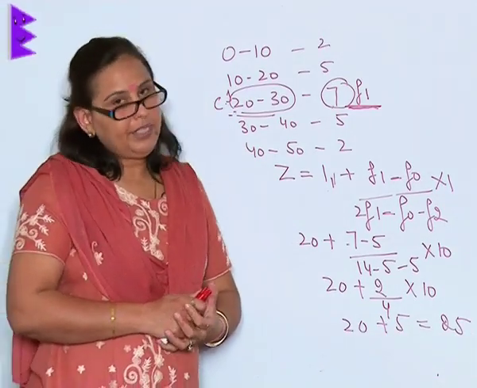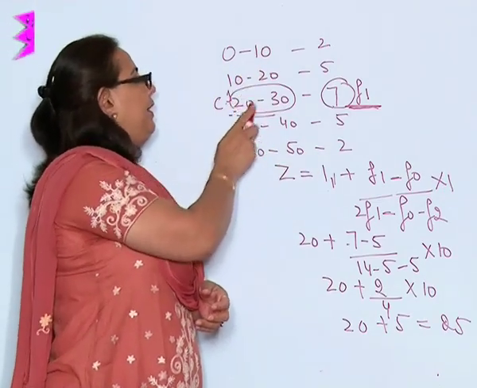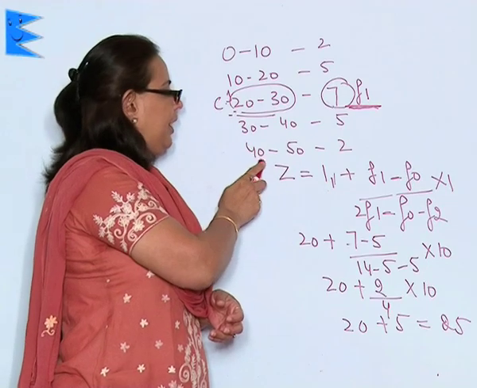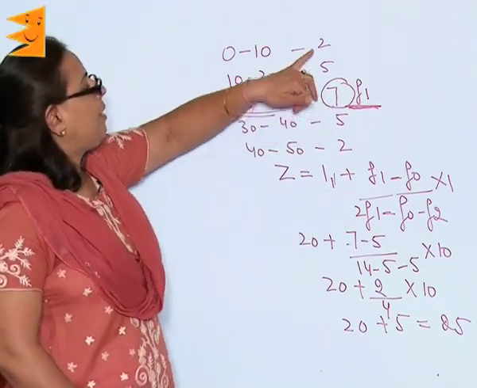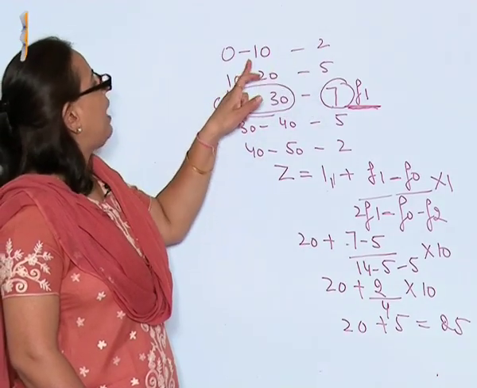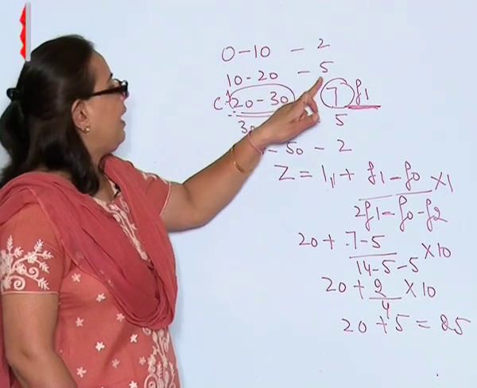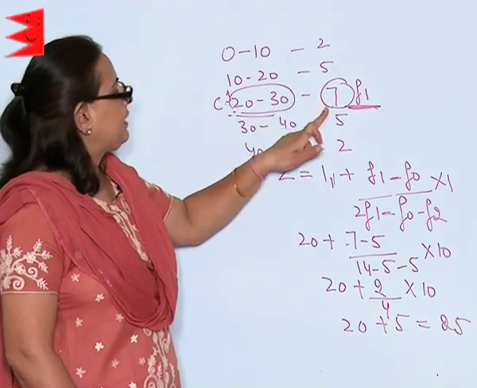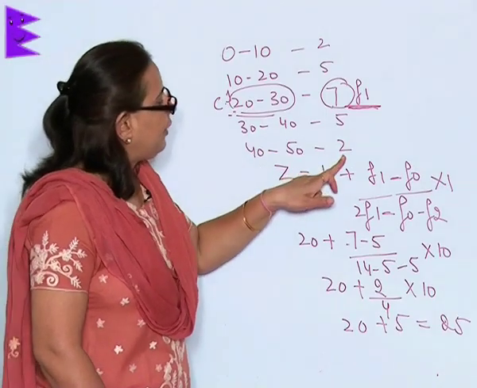The class interval taken by me is of 10, wherein 0 to 10, 10 to 20, 20 to 30, 30 to 40 and 40 to 50 is the range, and the number of students who have obtained their marks between 0 to 10 are 2, 10 to 20 are 5, 20 to 30 are 7, 30 to 40 are 5 and 40 to 50 are 2.